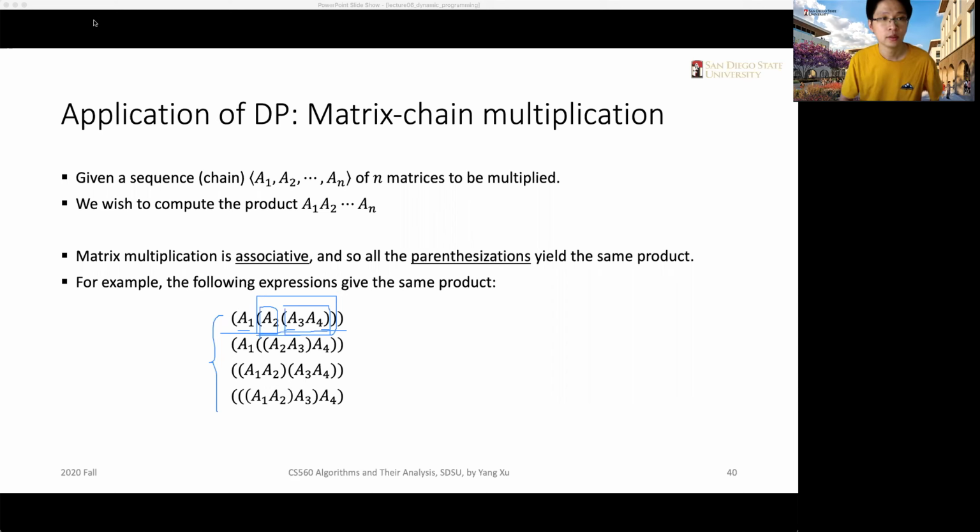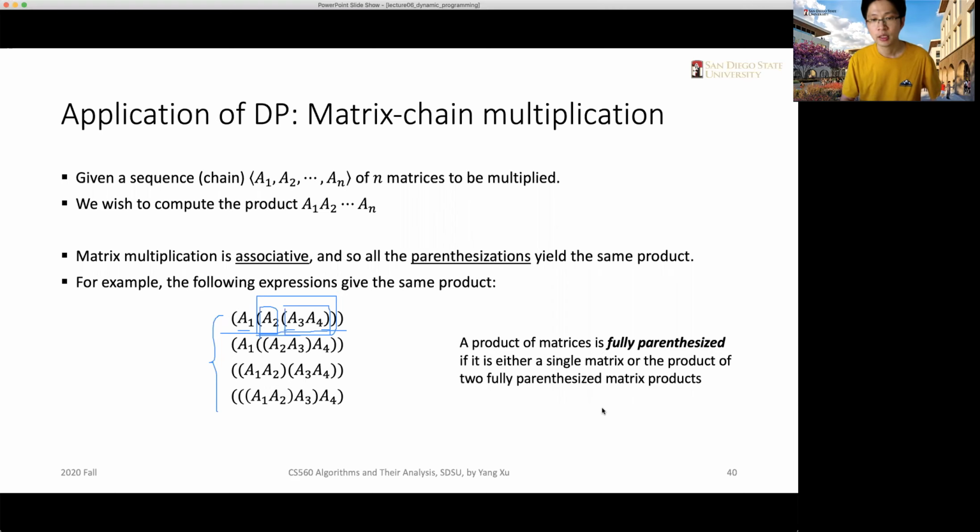Here we call a product of matrices fully parenthesized if the whole expression is either a single matrix or the product of 2 fully parenthesized matrix products. This is a bit of a recursive definition. All we need to know is that we can put parentheses into different positions.